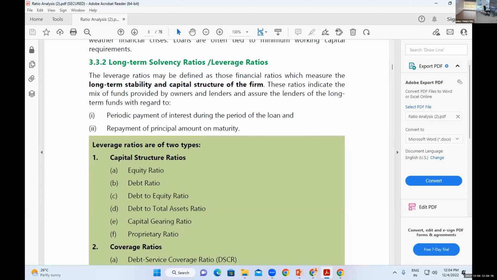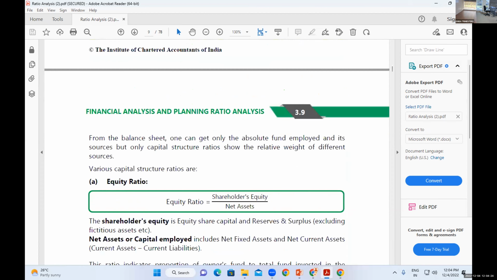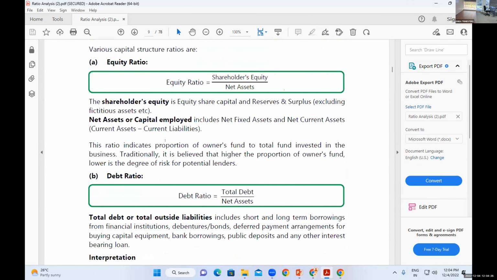That is going to be analyzed in this ratio, the proprietary ratio, and we have some coverage ratios. We will discuss all of those one by one. Debt capital means loan: loan capital, debt capital, borrowed capital, external capital, all the same.